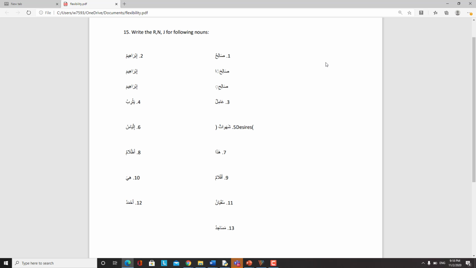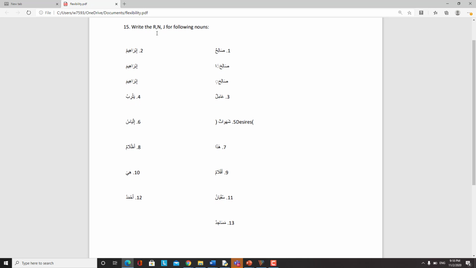Okay, so that was about the concept of flexibility, and let me pull out some practice problems for you. Here you have to write the rafa, nasb and jar forms for these isms. First I have given an example here. Salihun is an Arab prophet name, so this is fully flexible.